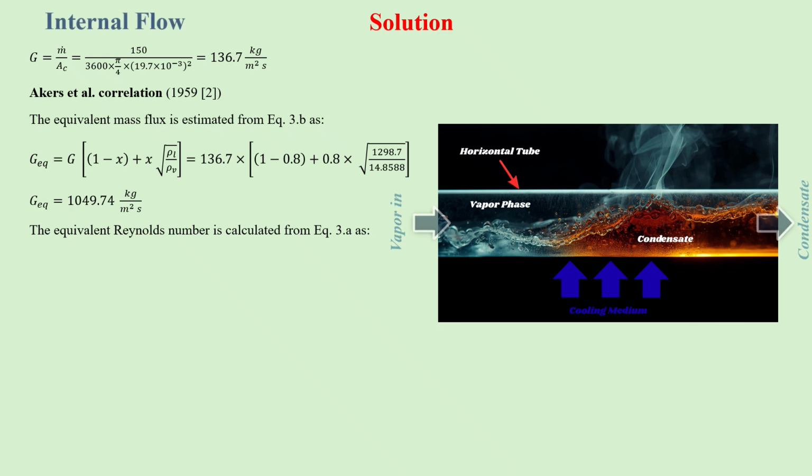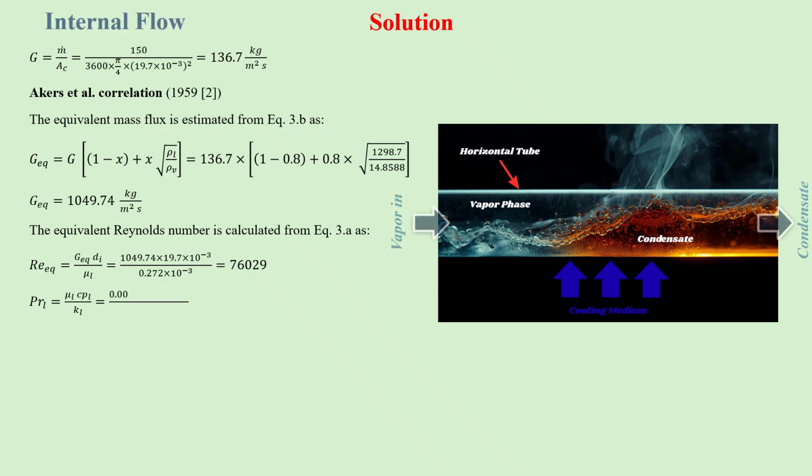And the equivalent Reynolds number depends on this value of mass flux velocity, which results in Reynolds equivalent equal to 76,029.